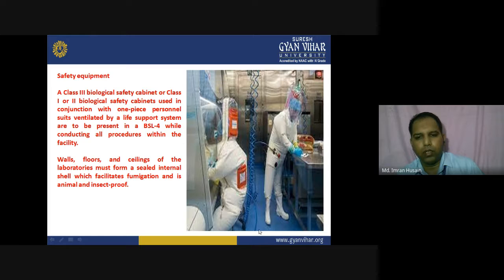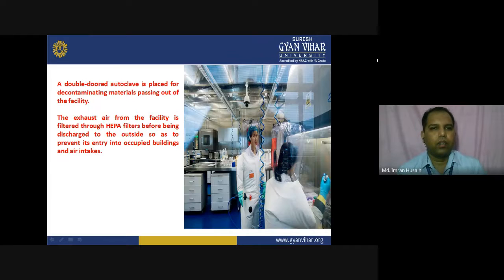You can see the flooring and the walls here in the image. They all have galvanized iron and steel walls, and floors are also sealed. A double door autoclave is placed for decontaminating material passing out of the facility.